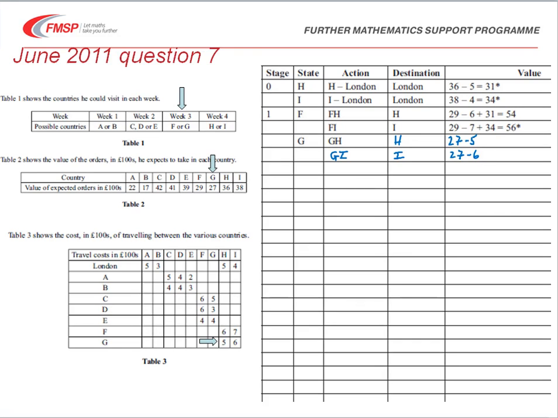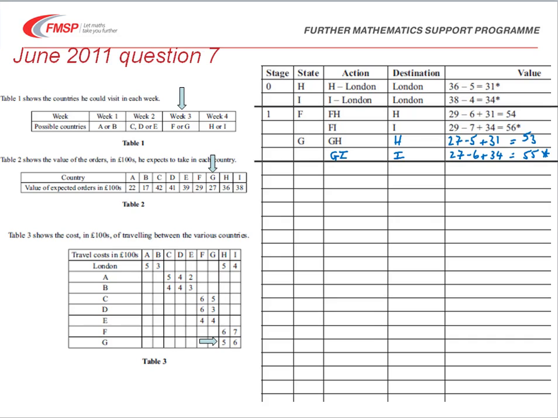If we end up at H, then we've got a current maximum of 31, and if we end up at I, the current maximum is 34. Totaling those gives values 53 and 55. So the largest of those is the 55. We mark it with an asterisk.